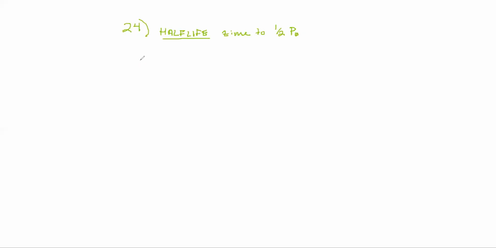I guess the first question is, am I going to use P naught A to the T or P naught E to the KT? Because this one's decay, would you do the E to the KT?